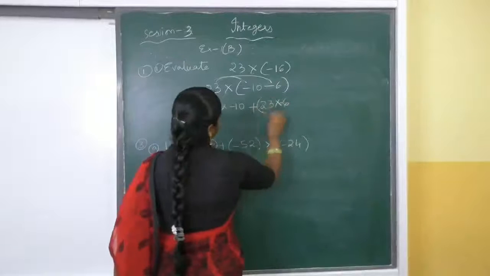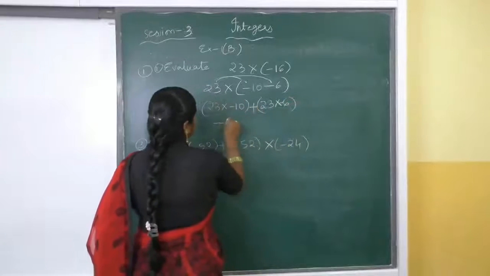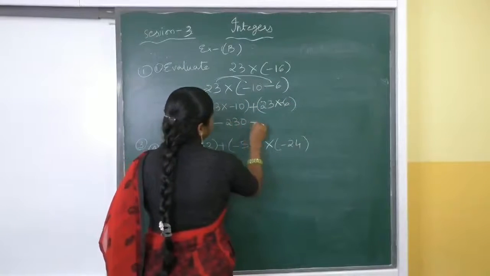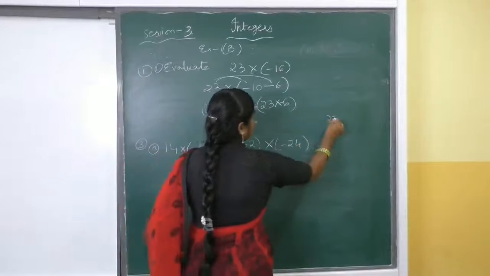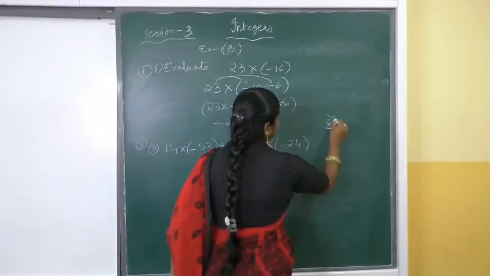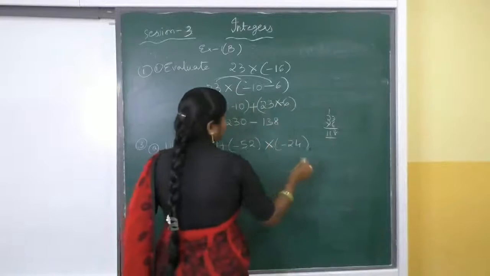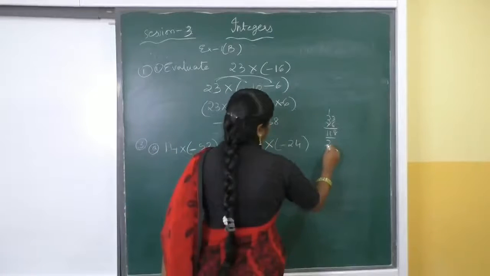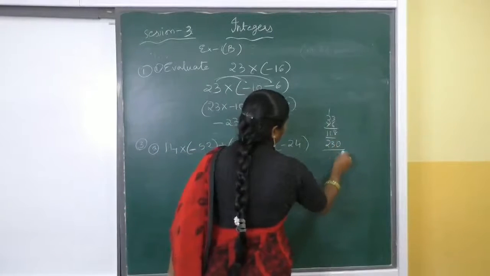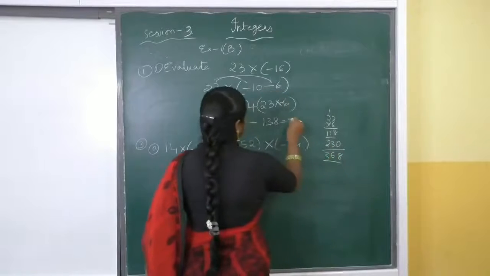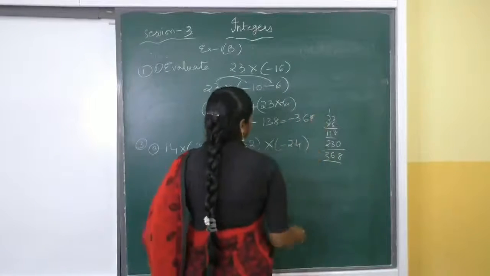So this is minus 230, minus 23 into 6, 6 threes are 18, 138. Which is nothing but minus 368.